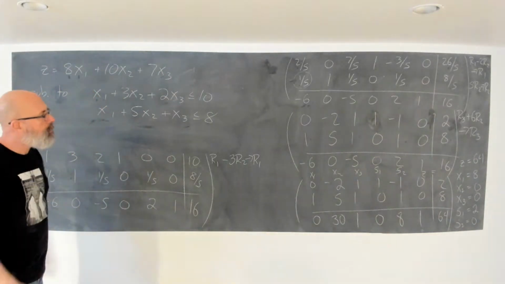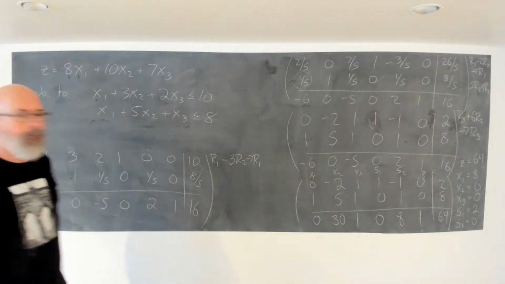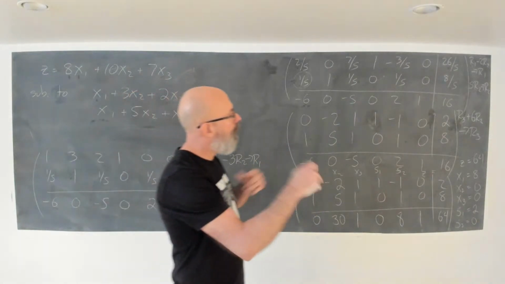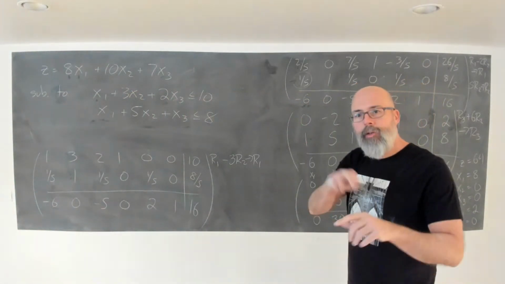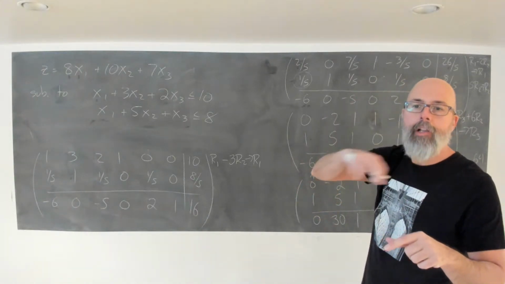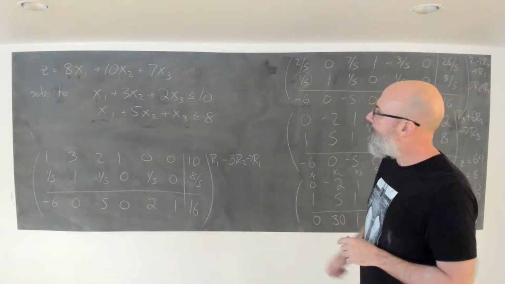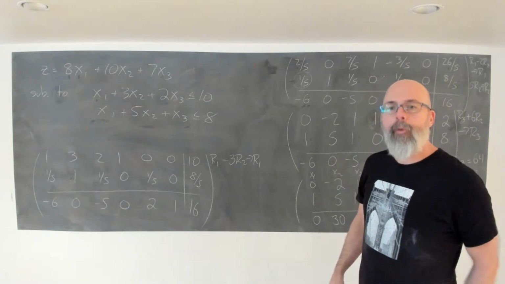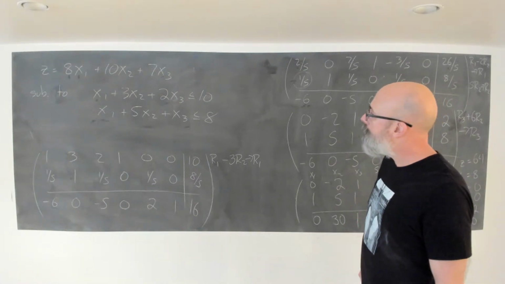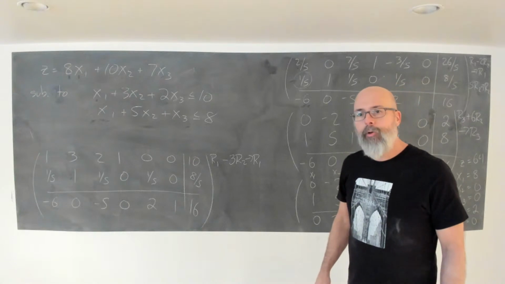It's a very nice process, especially when you can make a parallel with the graphical method and you see yourself cycling through the vertices until you end up on the right one. It's very nice. How are we doing here?